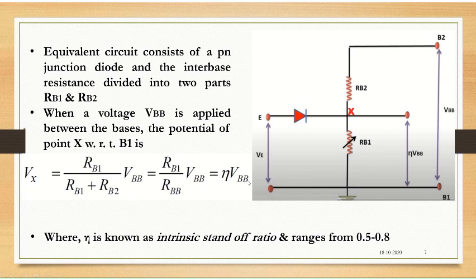So the equation will be RB1 by RBB into VBB. This ratio RB1 by RBB is taken as eta. This Greek letter eta is the ratio given by RB1 by RBB. Typically its value ranges from 0.5 to 0.8.